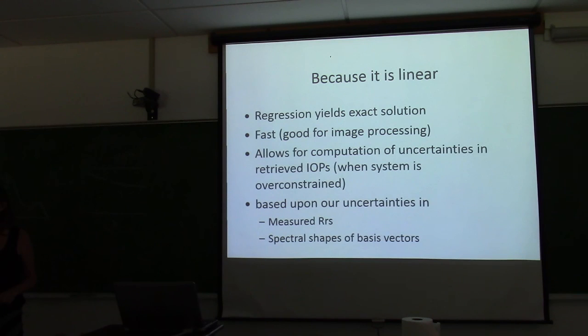How would you calculate F over Q? You could do Hydrolight simulations to figure out what F over Q was, because you know your A's and B backs, right? And you know that R of lambda is equal to F over Q times B back of lambda over A plus B back. And you've input those. You know what those are.